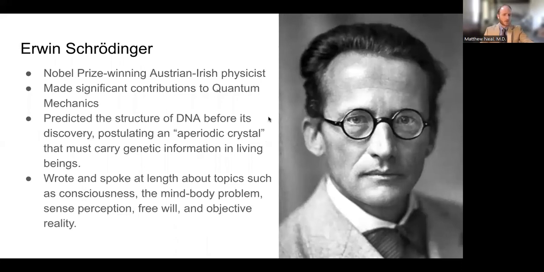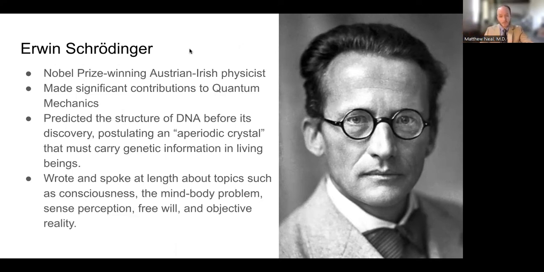And so this gentleman, Erwin Schrödinger, wrote a book called What is Life? after some of his foundational work in physics, in which he starts to talk about these different scales of biological systems, right?